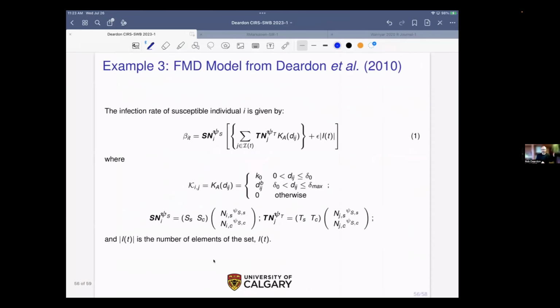This slide I'm not going to really talk about. This is actually from that Statistica Sinica paper. I've just put this in there to show that things can be quite complicated, right? You can have susceptibility covariates, transmissibility covariates. You can make it non-linear.